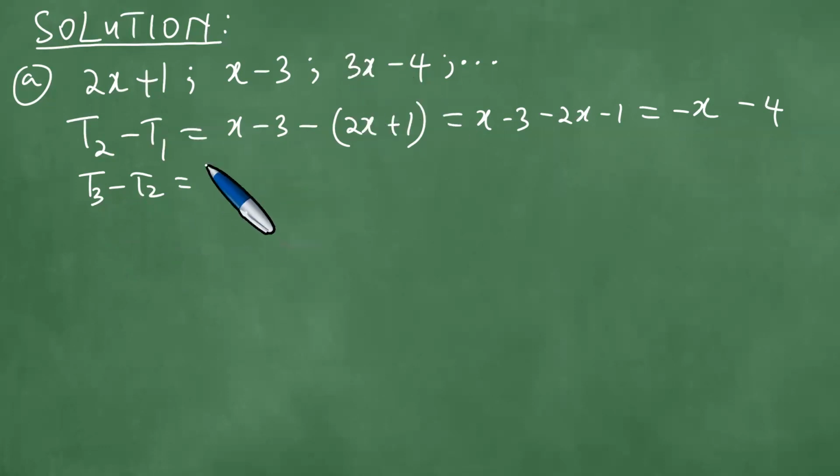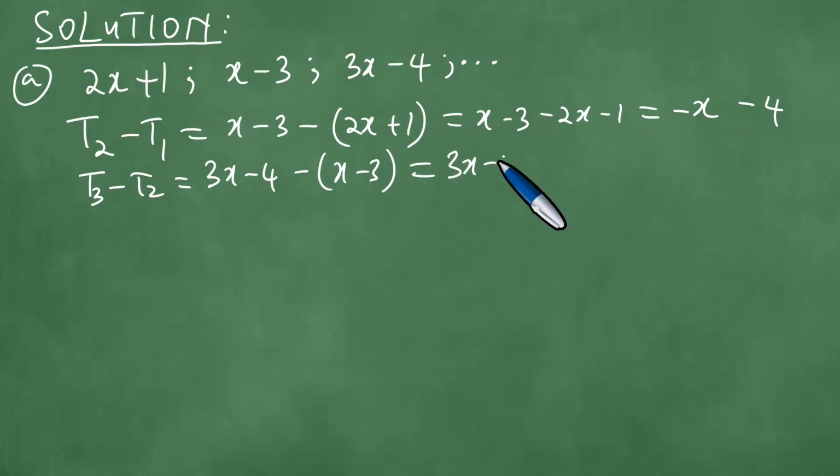T3 is 3x minus 4. T2 is x minus 3. Okay, distribute. 3x minus x is 2x. Minus 4 plus 3 is minus 1.